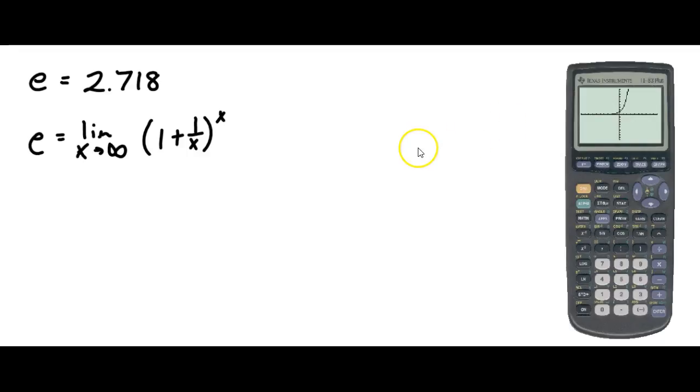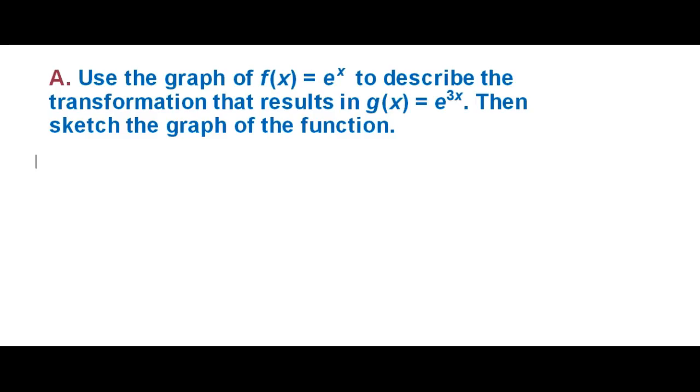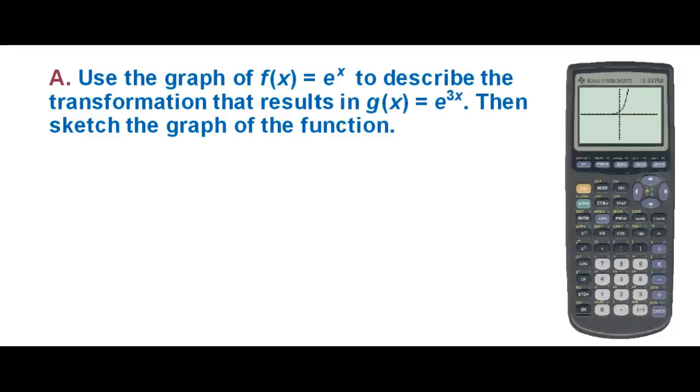So the next thing we want to look at is how we would view transformations of the e to the x function, just like we did in the last video. Now, looking at this first one, we have f of x equals e to the x power, which we looked at the graph of a minute ago. And we want to transform it so that g of x equals e to the 3x power.